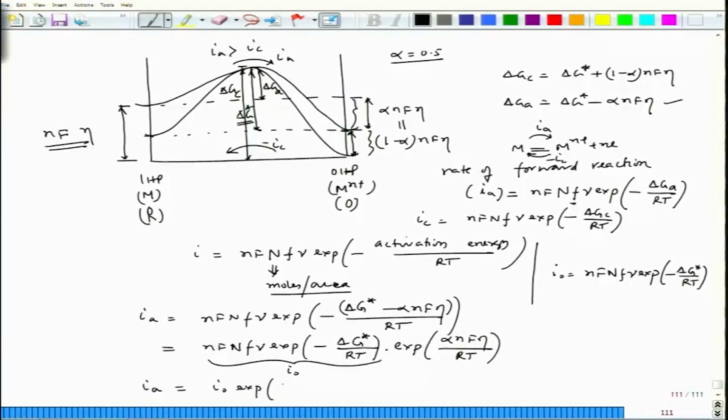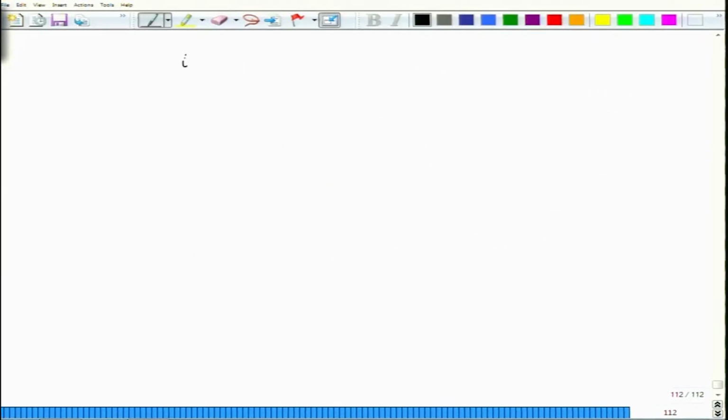exponential alpha nF eta by RT, and in a similar way I can see IC equals nF nu exponential minus delta GC by RT.